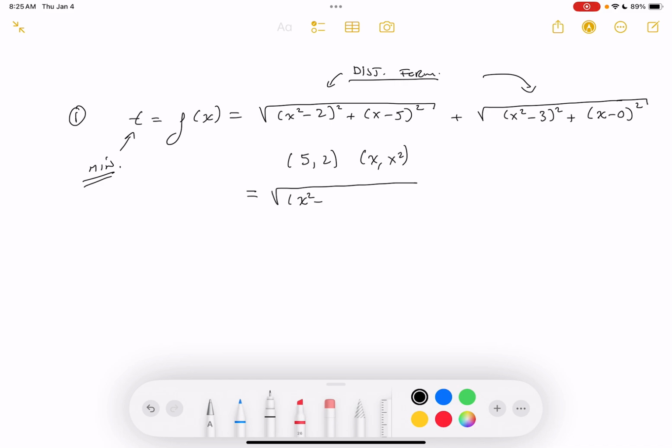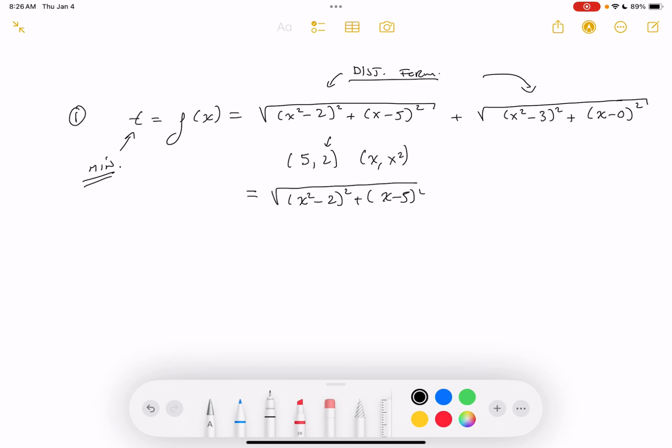Let me erase this again. I gotta be careful about this, don't I? X squared minus, oh, I'm sorry, no, it is y. X squared minus 2 squared, that's the y value, plus x minus 5 squared. Yeah, it seems to work out okay.